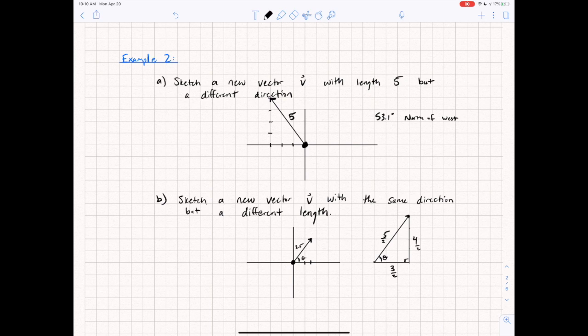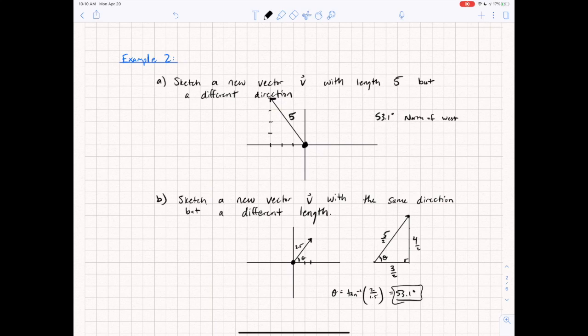If you were to do inverse tan of 2 over 1.5, you should still get 53.1 degrees, meaning that the direction has not changed, but my length has. Notice the connection with trigonometry when it comes to vectors: it's really just rescaling triangles, or trying to find the missing angle or the hypotenuse.